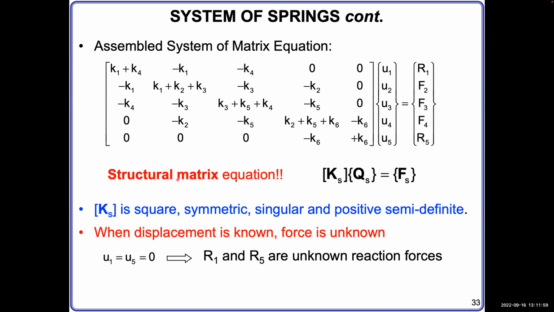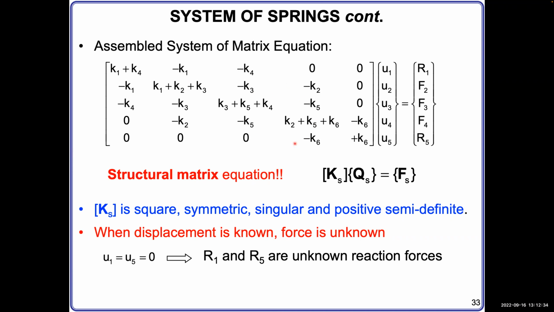For this structure matrix, it has special properties. It is square, 5 by 5 is square. Symmetric, because we add the symmetric element matrices into this matrix in a symmetrical way. Remember when we talk about the row and the column, any element or any spring has nodes i and j.